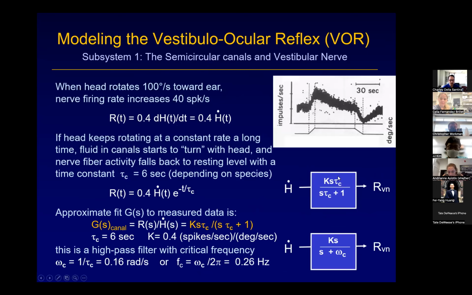And don't worry too much about the details, but the basic idea is that now we've got a mathematical representation for how the semicircular canal takes head angular velocity and turns it into a change in firing rate on a given prototypical neuron. And we've got a time representation that describes how that works for any random head velocity input that we give in.